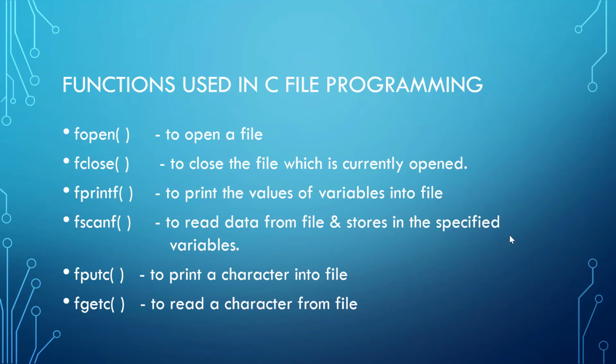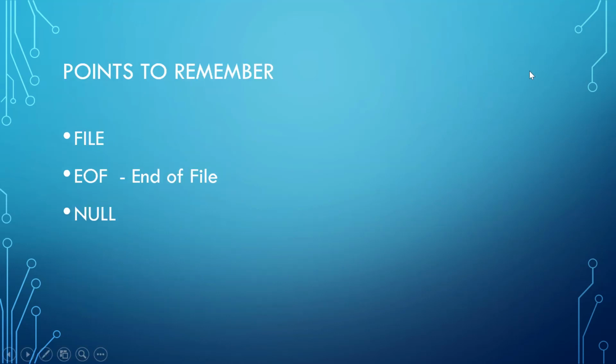Then fprintf if you want to write data into a file. fscanf if you want to read data from the file. fputc if you want to write data into a file character by character. fgetc if you want to read character by character from an existing file. These are the different types of functions we use in file programming.